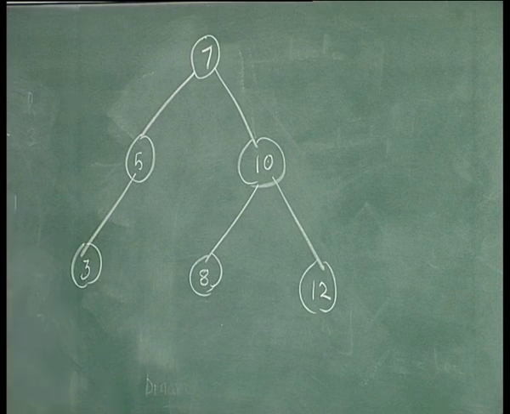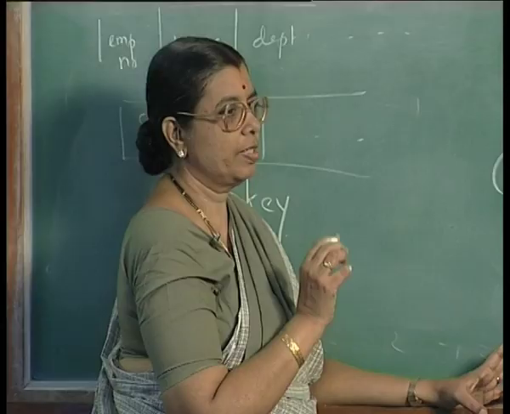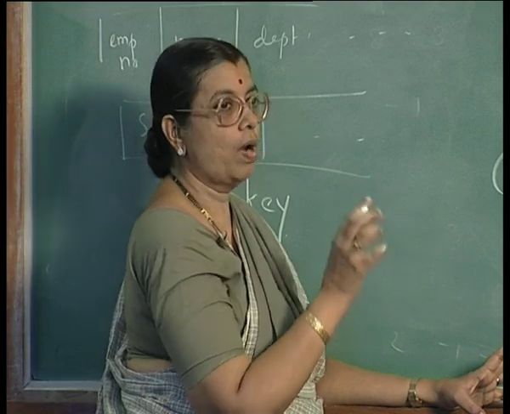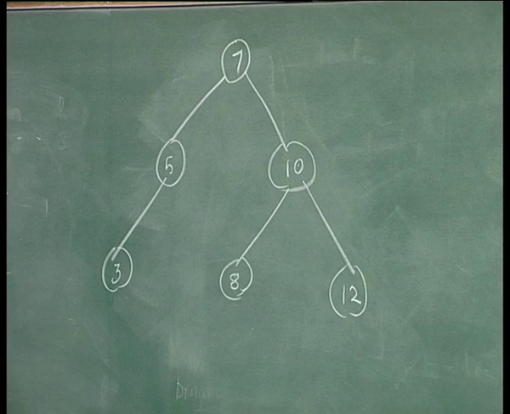Each record is stored in a node of the tree. This is the tree, and each record is stored in a node, internal node or leaf. So, if I want to search whether 9 is present, how will I go about searching?